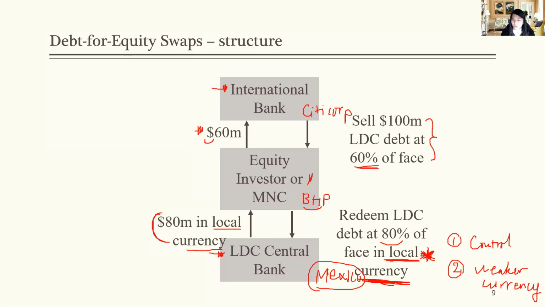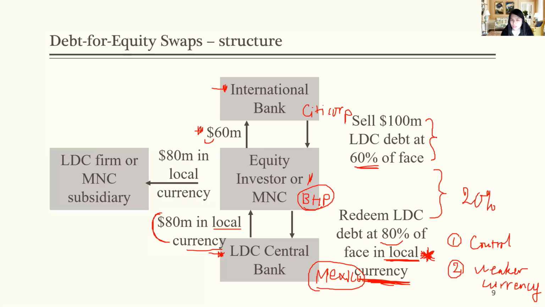Right. So the reason why the multinational company wants to be involved in this debt equity swap structure is firstly because they get to earn the spread in between, right? So here they earn a spread of 20%. The second reason is they already have an interest in investing in that country before, right?